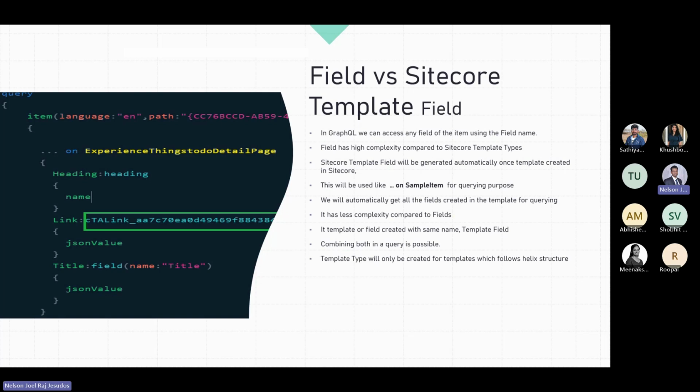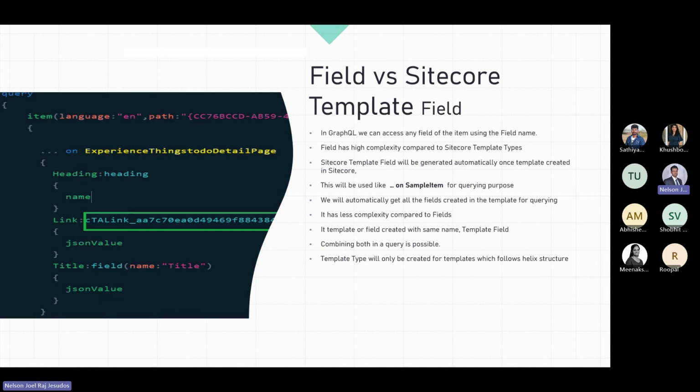Say, for example, you created an item with template A, and you also created an item with template B. Both templates have the same fields, like short title and description.